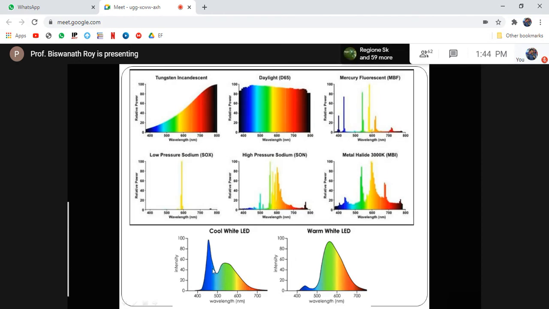That's why the color of this lamp appears as bluish white. On the other hand, the optical emission in the red yellow portion is more as compared to the blue. That's why the color of this lamp appears as yellowish, and we call it warm white.